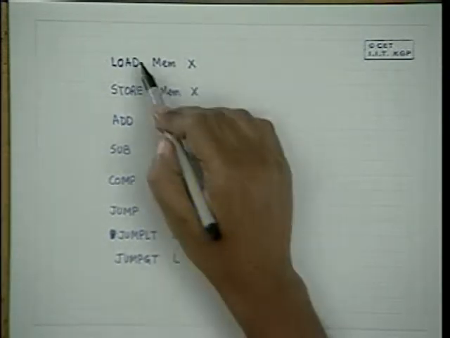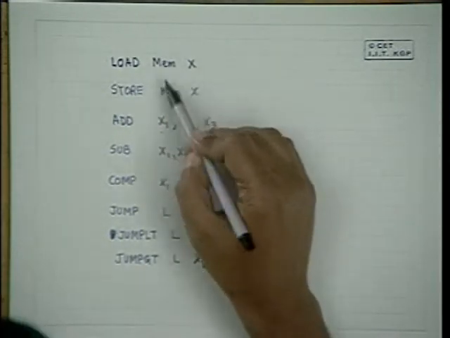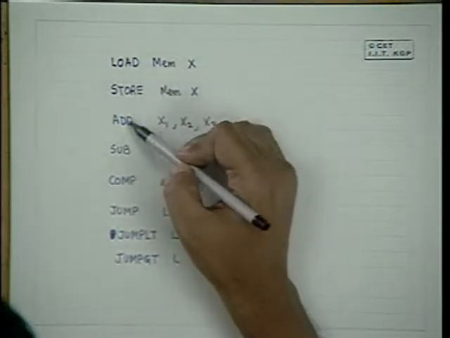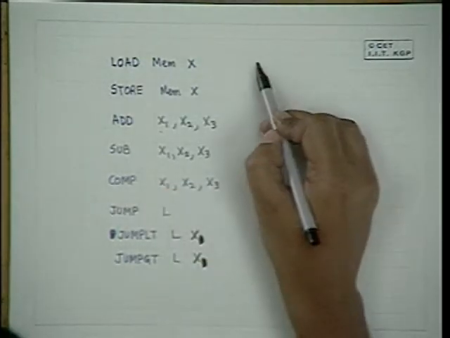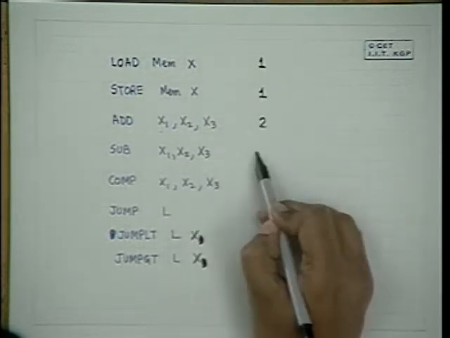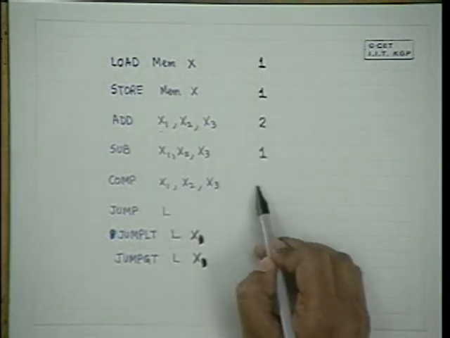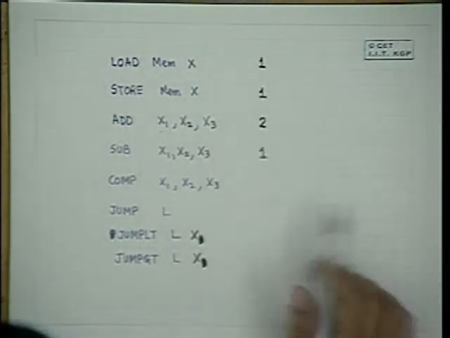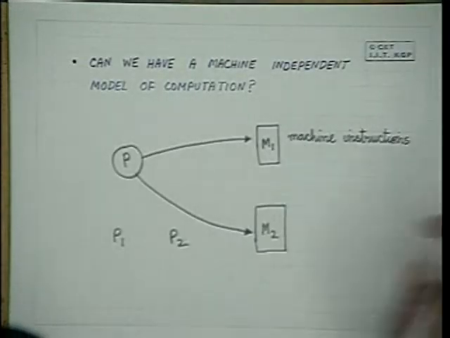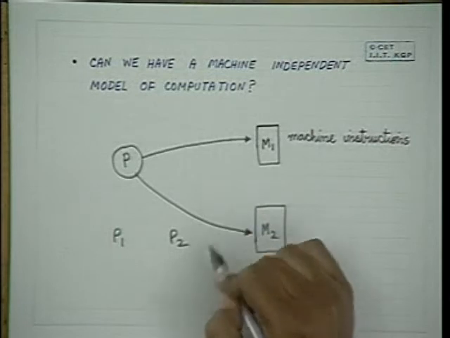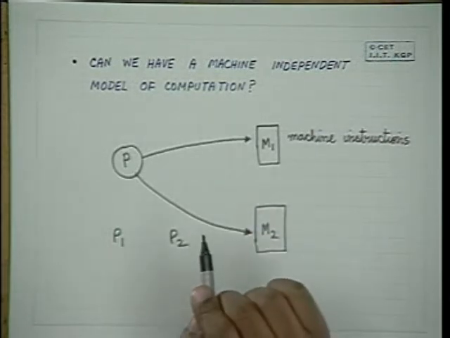All right. So a program P1 or P2 will be converted into these machine instructions, and you can make a relative comparison between them. You can say this takes 1 time step, this takes 1 time step, this takes 2 time steps, this takes 1 time step, etc. And if two machines have the same instruction set, you can compute it in terms of instruction steps.